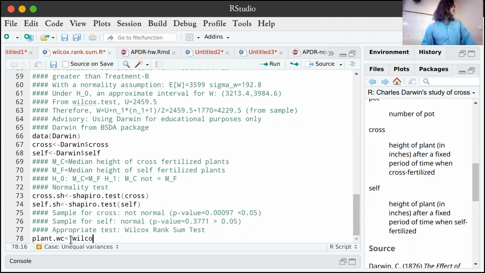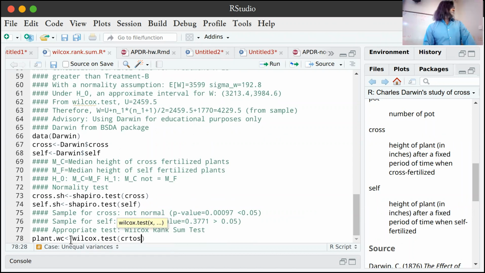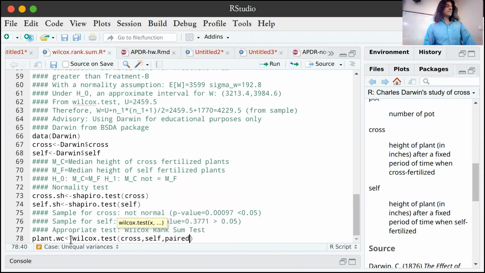So, Wilcox test. The first sample is cross, second self. Paired equals false. Later we will do paired equals true. By later I mean next class.